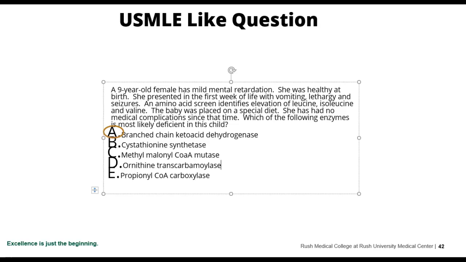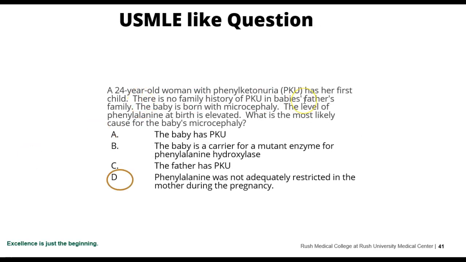They like to ask questions about maternal PKU, that really high phenylalanine is a teratogen. Babies are actually born normal when they're born with PKU, but if they don't stay very strictly to their diet, they can have issues. Anyway, that concludes this module.